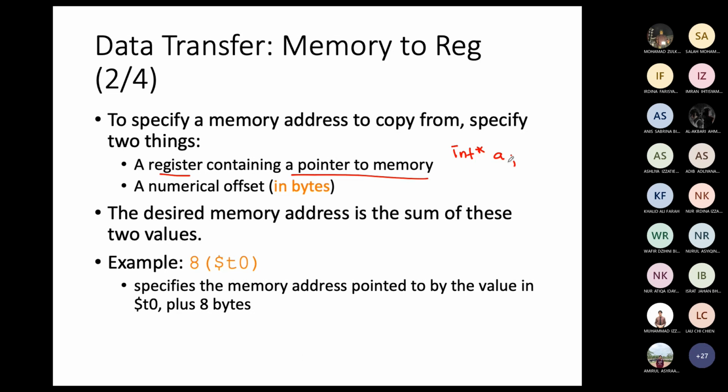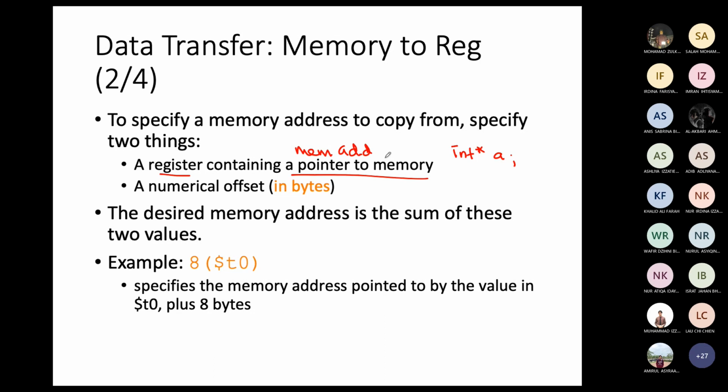Like that you tell that a is a pointer, a pointer variable. In this case, we also need to specify a register that will contain a memory address.